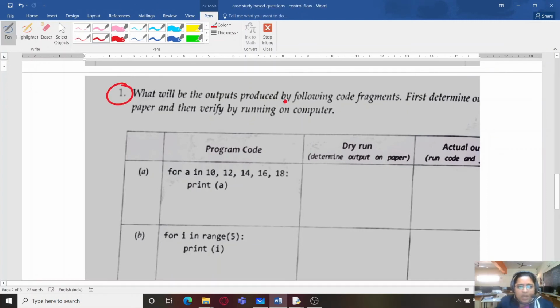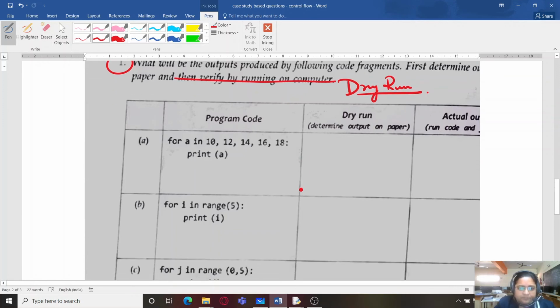What will be the outputs produced by the following code fragments? First determine it on paper and then verify by running on computer. Obviously this part won't be provided in the question paper. You will have to totally rely on the dry run of the code to check what output it would give.